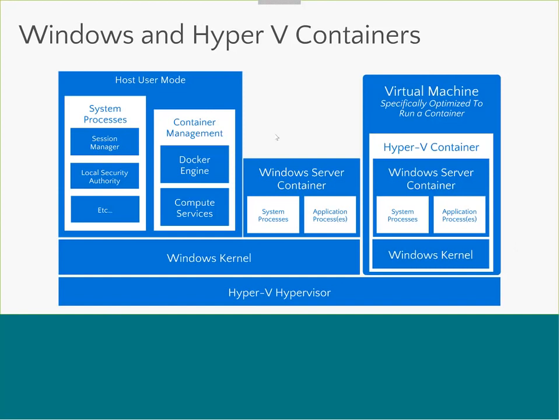And you can see it shares the Windows kernel with the other userland processes on that machine, but it's isolated in a container. And then all the way on the right, there's a Docker container running with Hyper-V isolation. So you can see it runs on top of the hypervisor. That's a minimal Windows kernel, and then the container process executes inside of that.